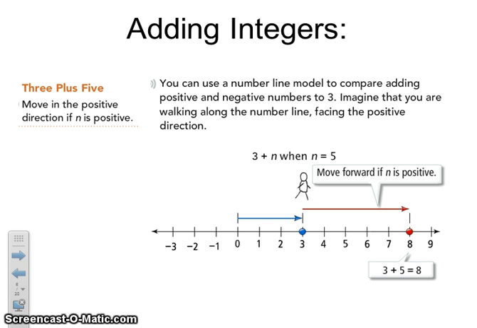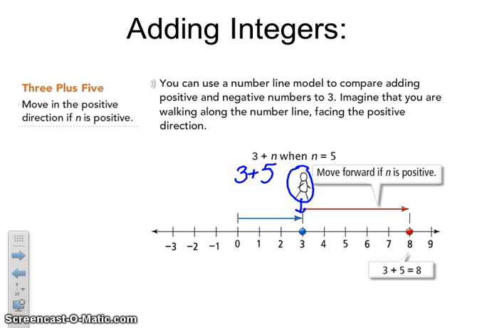Okay, so let's talk about adding integers together. This example here says 3 plus n when n equals 5. So we replace the n with 5, and we're asking for 3 plus 5. Now this diagram shows how you would use a number line to show the answer for 3 plus 5. 0 is like your home base, and our little man here is at 3.